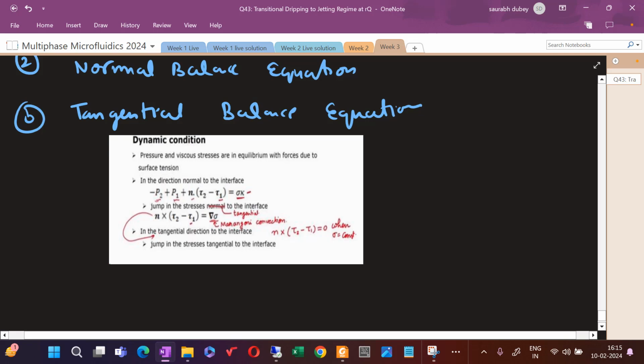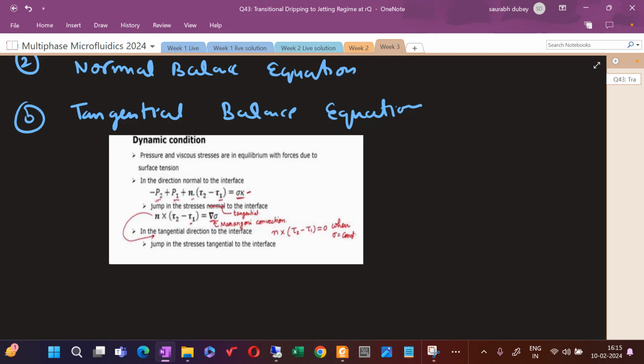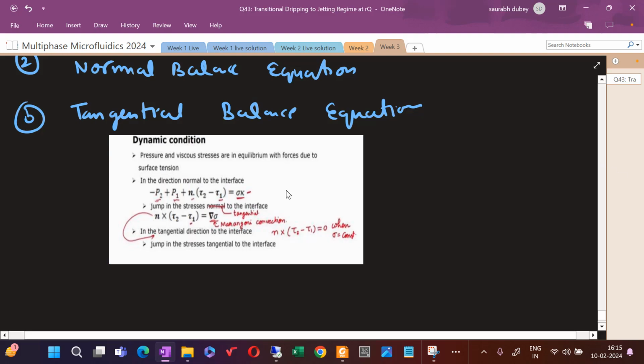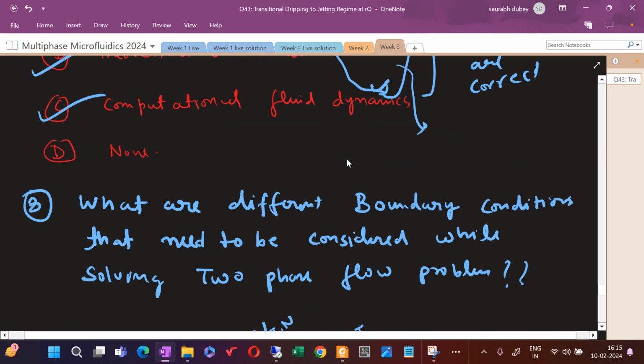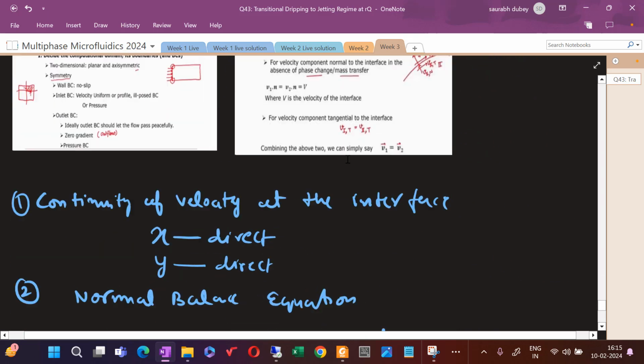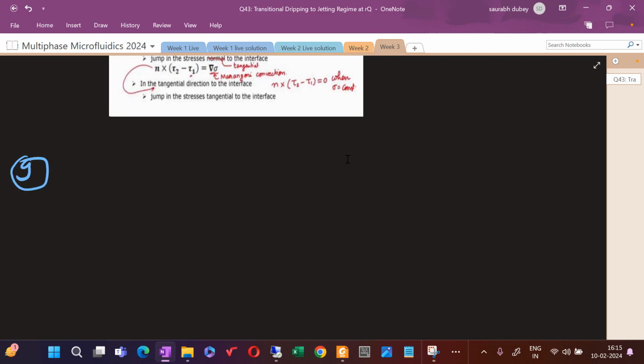The next problem that we will be solving is interface tracking. What are the different methods that you use for interface tracking, and what is interface tracking?